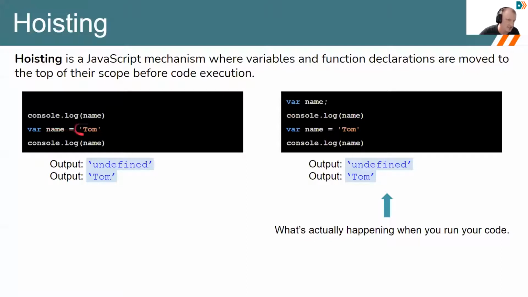So I'm doing two things on this line, but JavaScript's going to come through here and do hoisting, which really means it's going to do this thing on the right. We wrote this side, but this is what JavaScript really did. This is how JavaScript read it.